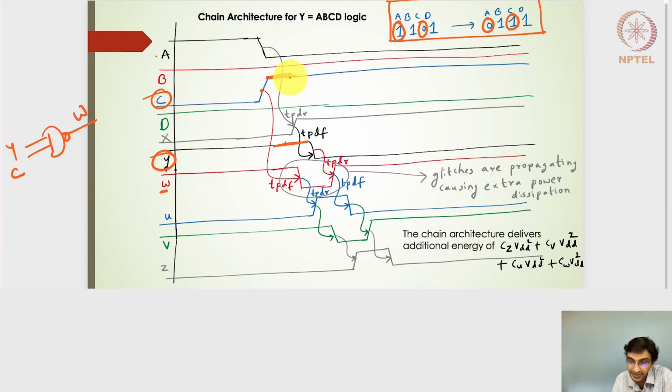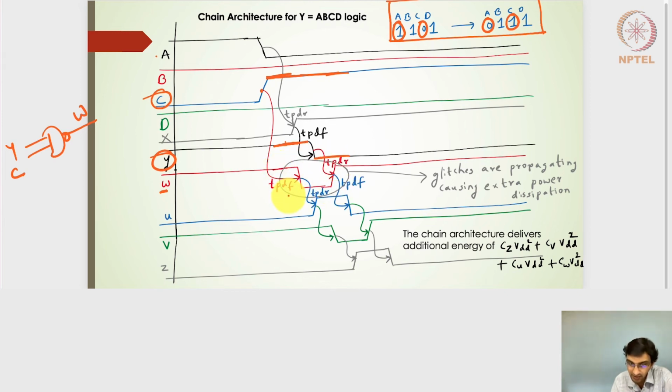Then C stays high, but Y goes low here. During this transition, I'll get 0 and 0 at the inputs of the two input NAND gate, so my output will be high. That means W goes high again. W going high gives an unnecessary transition here.